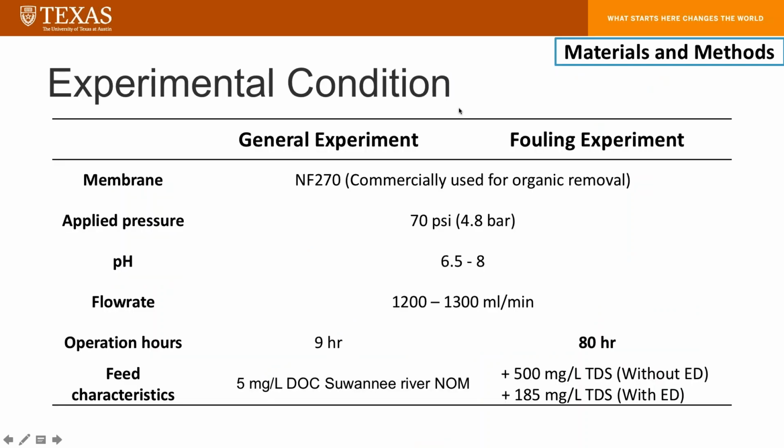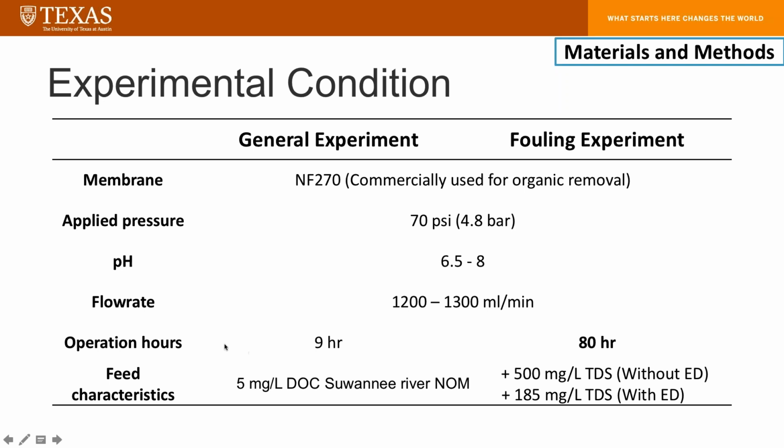Here are the more detailed experimental conditions. I use the NF270 membrane, which is commercially used for organic removal, and the applied pressure was 70 psi, pH was between 6.5 and 8, and the flow rate was 1200 to 1300 milliliters per minute.